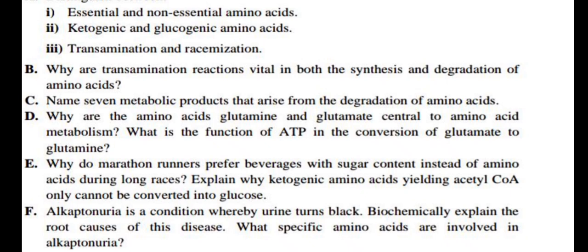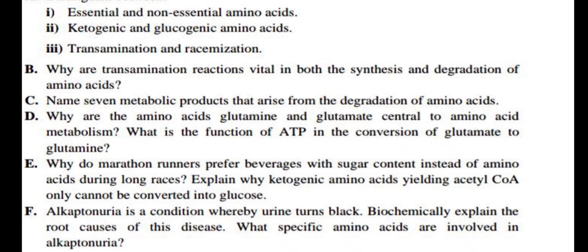Because if you've got ammonia that's just moving on its own, it is going to cause a lot of damage on organs and on different biochemical pathways. So what the body does, if it sees that it has excess ammonia, is say: let me get glutamate and combine it with this ammonia to reduce its toxicity. Then you form glutamine.